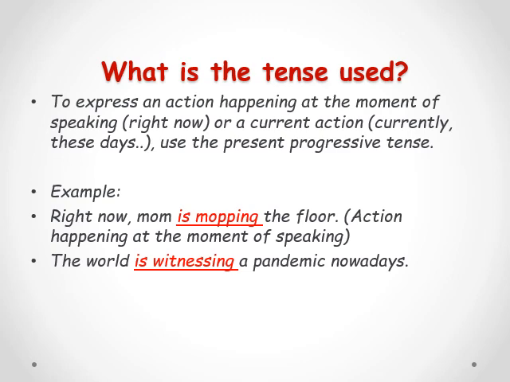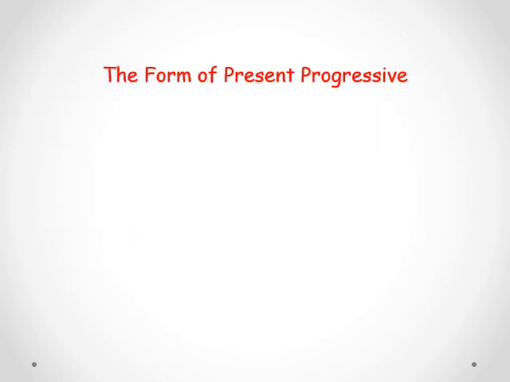So in both examples, the first one happening right now at the moment of speaking, and the second example is a current action that is happening currently. So I use this present progressive in these two cases for actions that are happening at the moment of speaking and for actions that are current actions. This is, or these are, the two uses of present progressive.